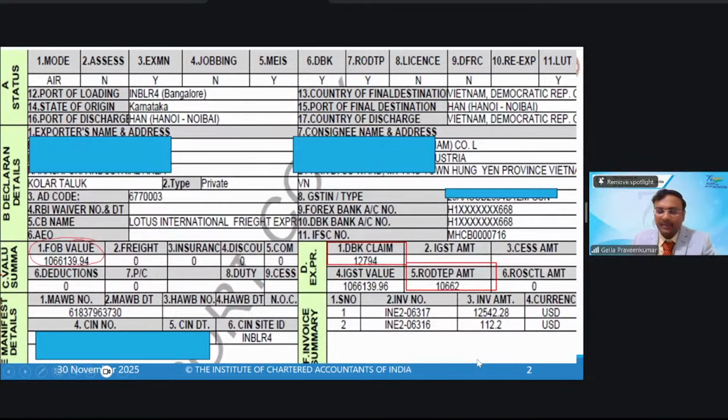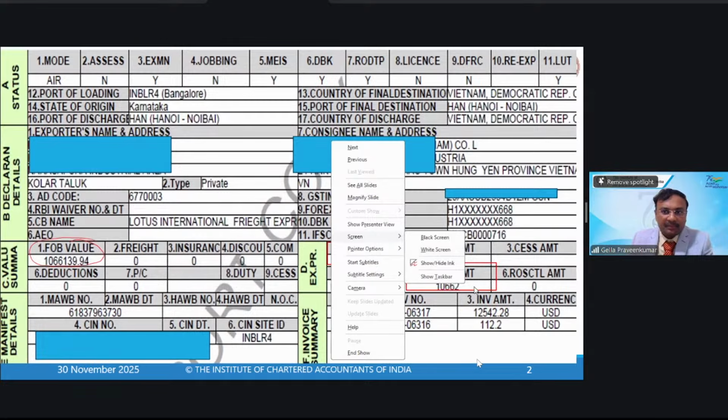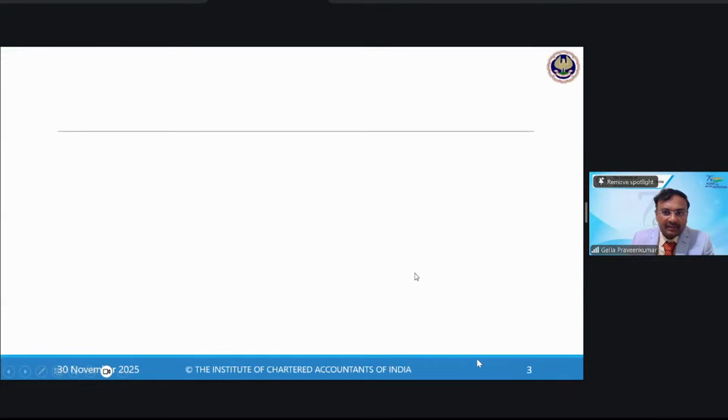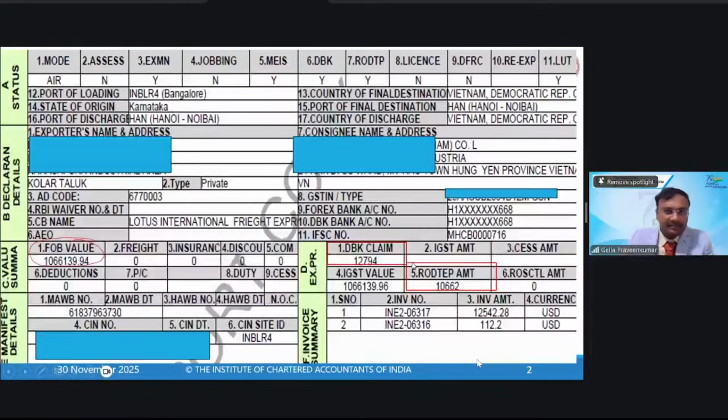On the basis of the FOB value, you can see there's a duty drawback. So in this FOB, you will have duty drawback and RODTEP, remission of duties and taxes.